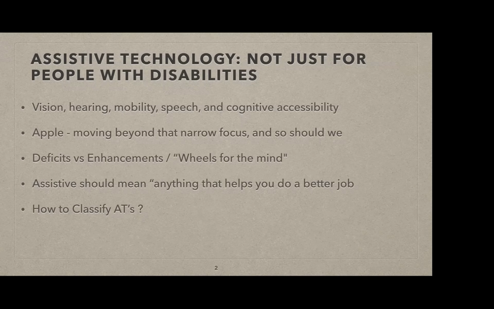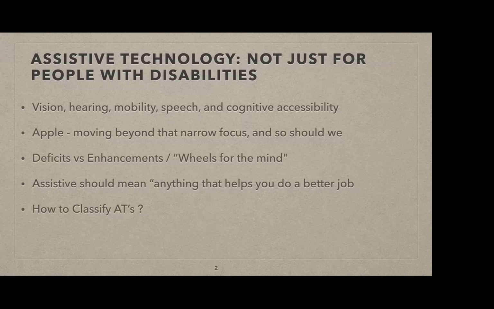One of them is that it focuses on rectifying deficits, where, in my view, assistive technologies need to become more about enhancements and how to make people better at what they do. So my definition of assistive is that it should mean anything that helps you do a better job.